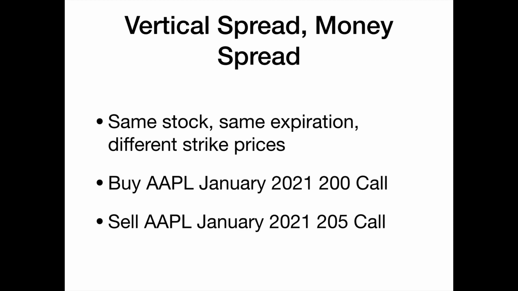You can see a call spread on Apple, and we are buying the Jan 2021 200 call, and we're selling the Apple Jan 2021 205 call. So you can see that vertical spread between 200 and 205. Everything else is the same stock, Apple, same expiration, Jan 2021, just the different strike prices. So that's called a vertical spread.